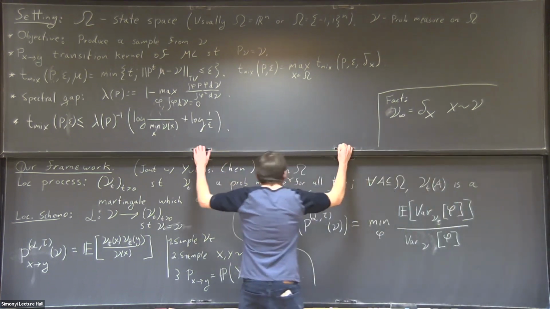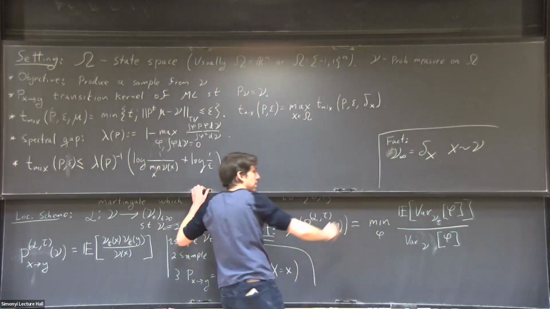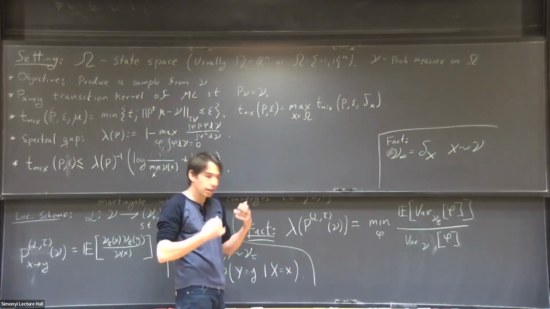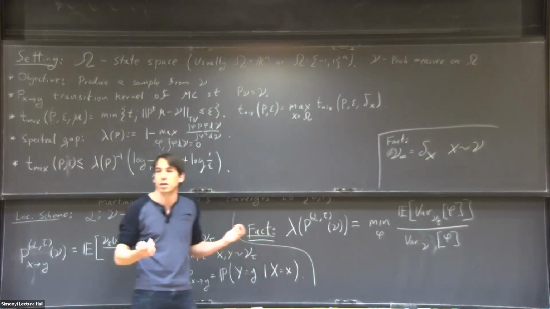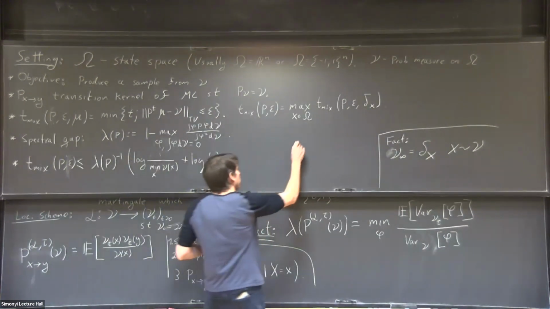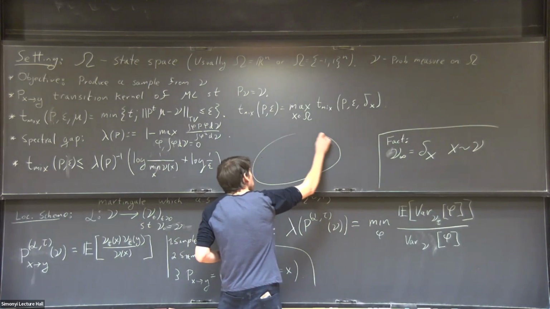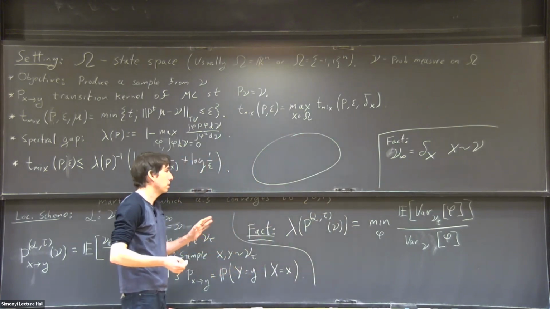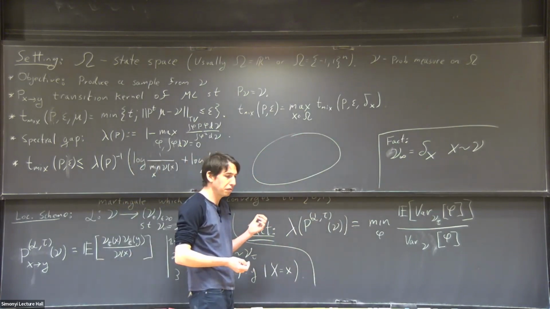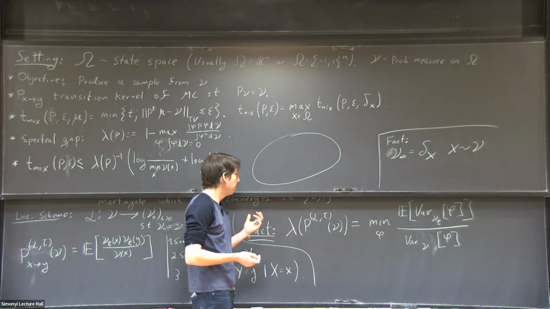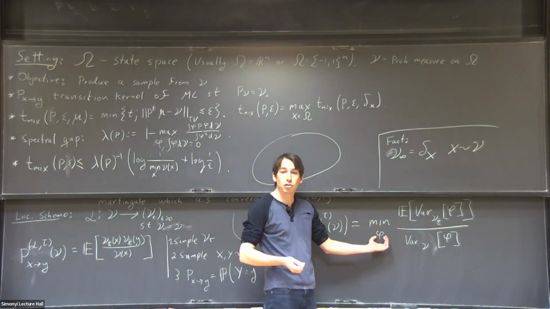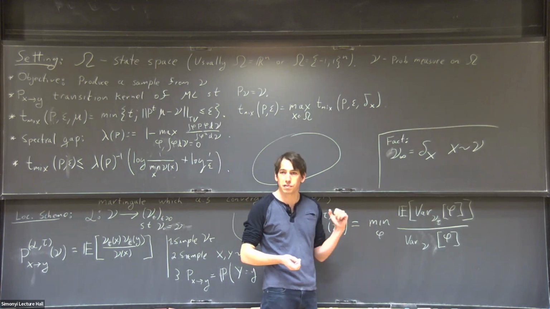This is really a central thing, so let me at least give the intuition I want you to have. I'm going to repeat the intuition I gave before. Maybe let's think of test functions which are indicators of subsets.